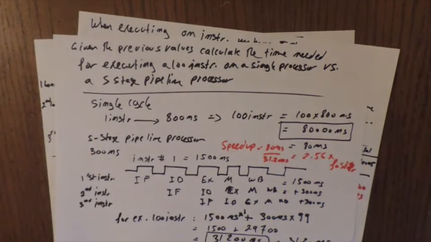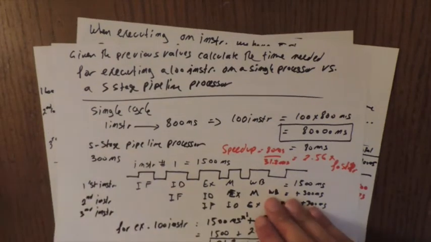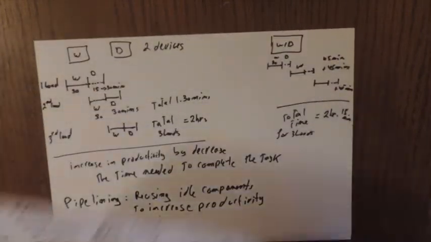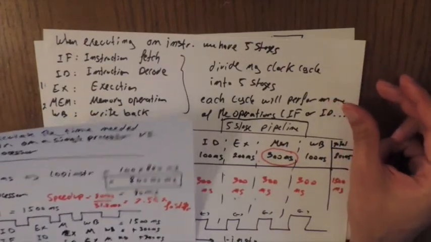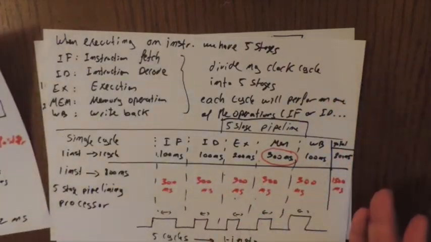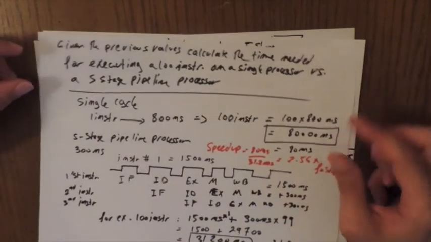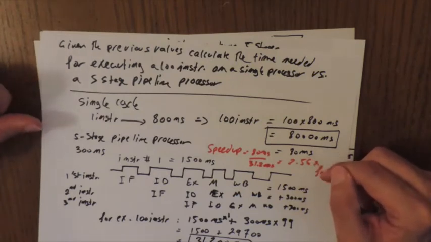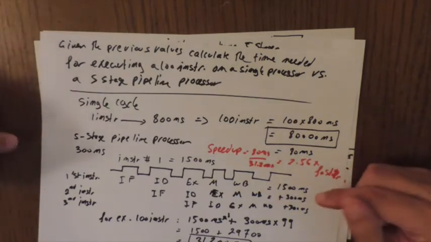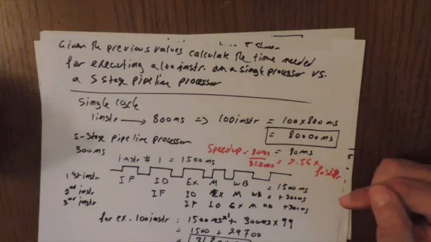Okay, so this is the major advantage of having pipelining. It is reusing components that are sitting idle so that we can increase productivity. Of course, this comes at the cost of added hardware. So we need to pay a price for this speed, which is in the form of added hardware and complications.